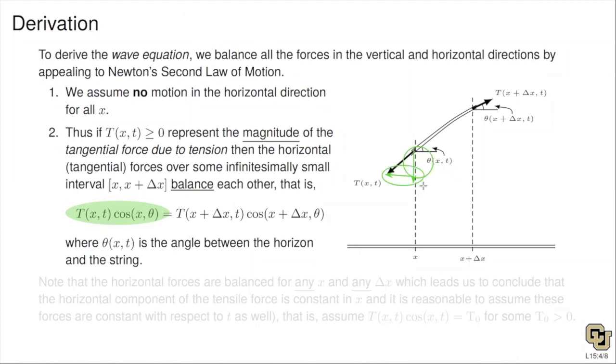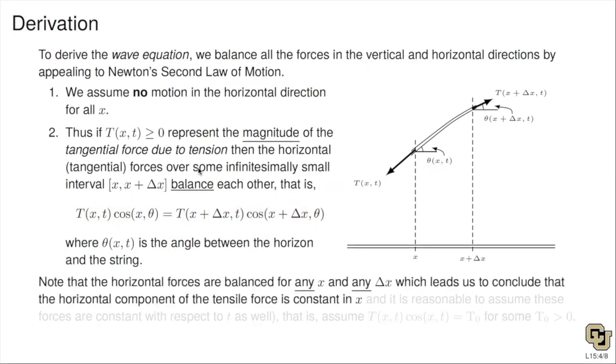T is like the hypotenuse, and the hypotenuse times cosine gives you the length of the adjacent side. That's the length of the arrow in the horizontal direction at x, and it should be equal to the tangential force in the horizontal direction at x plus delta x. And so these forces cancel each other out.